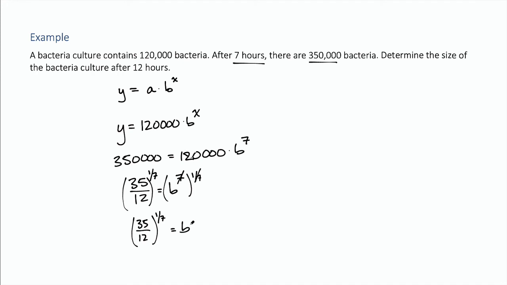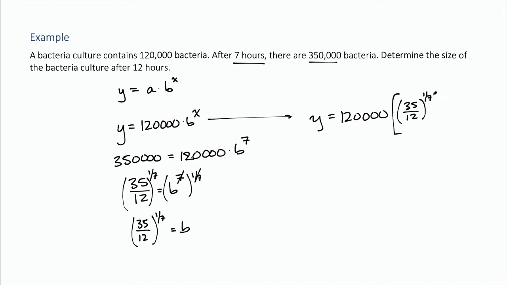Now, we could plug this into a calculator and get a decimal form. I'm just going to leave it in this form for now and plug it back in up here. So we get our model. We get y equals 120,000 times, and then b is 35 over 12 to the 1/7, but b is raised to the x.